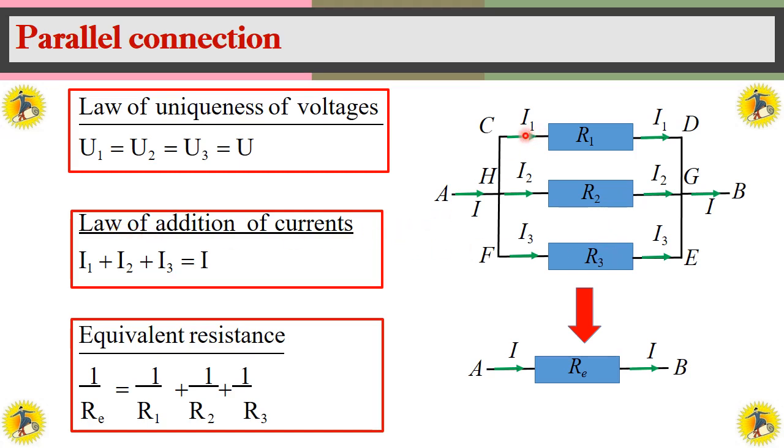In current, we add the values of I1, I2 and I3. So I1 plus I2 plus I3 equals I. And the equivalent resistance: 1 over Re, or R equivalent, equals 1 over R1 plus 1 over R2 plus 1 over R3.